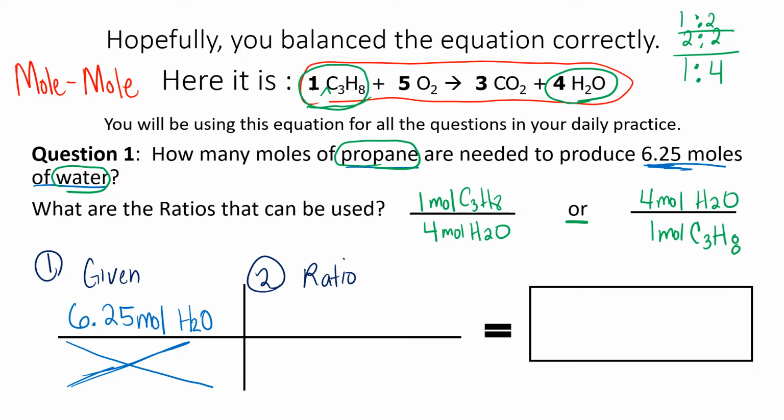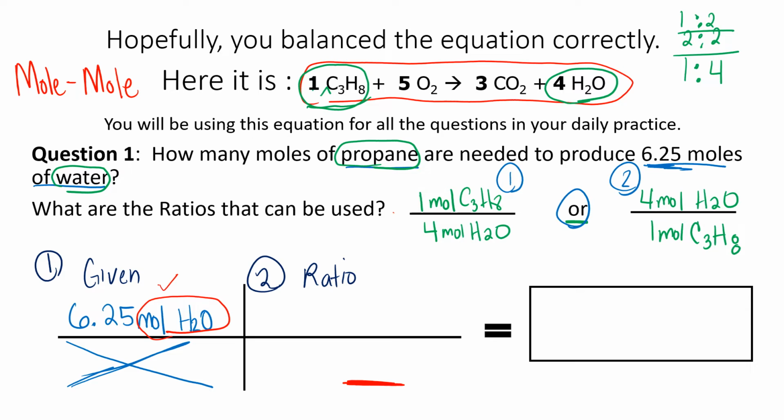So this is where the "or" came in. You're going to pick option 1 or option 2, and it's not by guessing. It's actually pretty simple. Whatever the given unit is, that's the unit you want in the ratio step on the bottom, so they can cancel diagonally. So again, I want moles of H2O on the bottom because that's what shows up in my given.